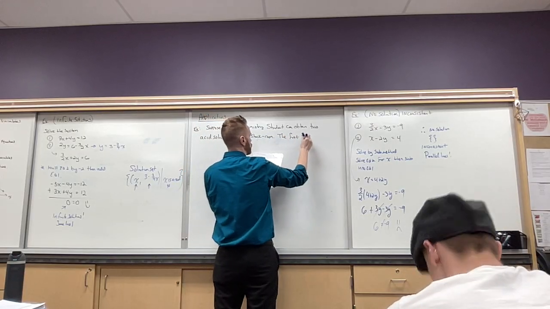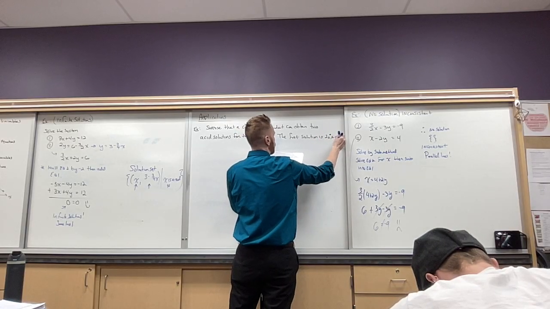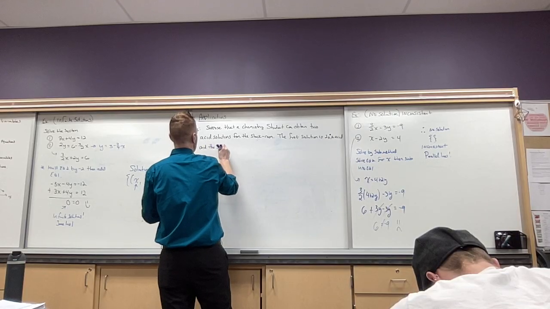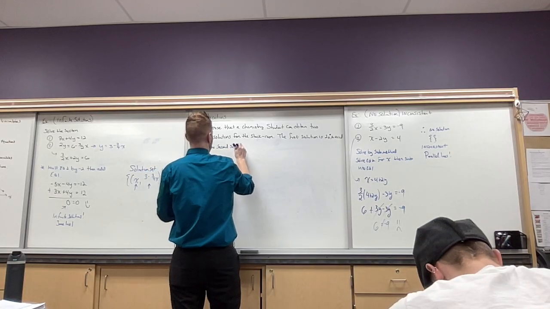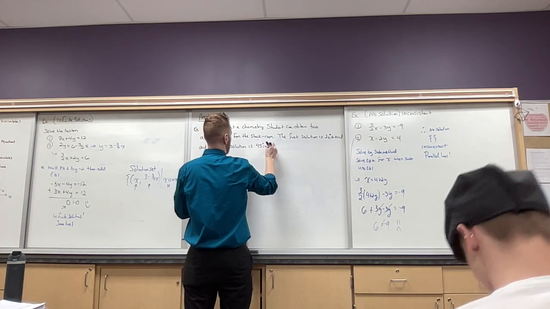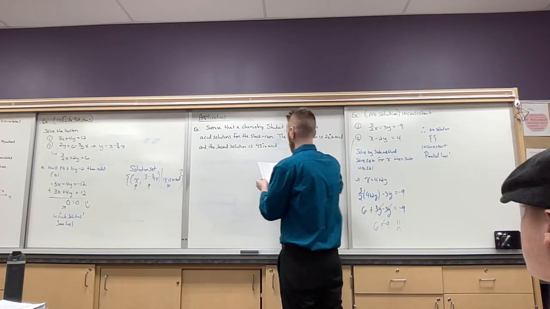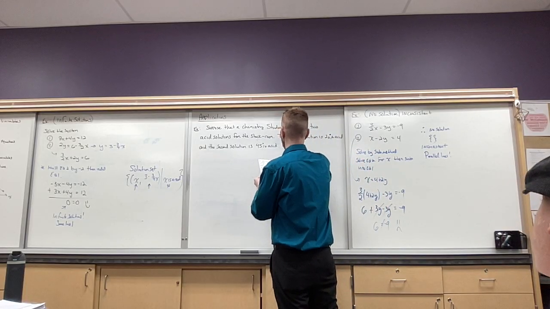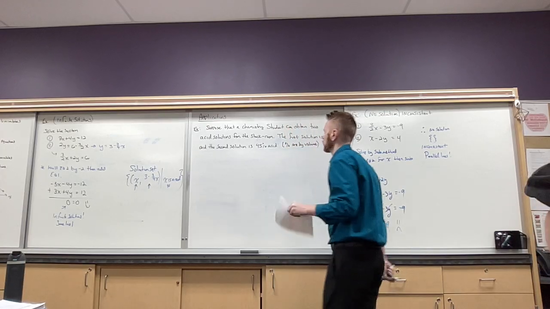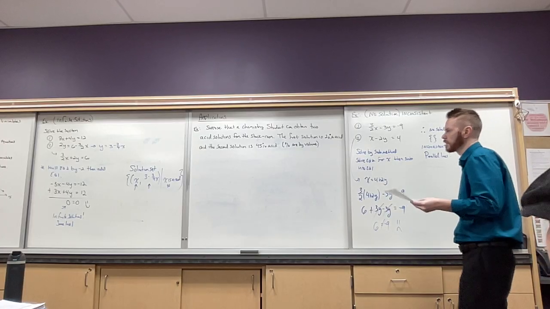The first solution is 20% acid, and the second solution is 45% acid. And I'll put here the percents are by volume. So there we go. We got two acid solutions. One has 20%, one's 45%.